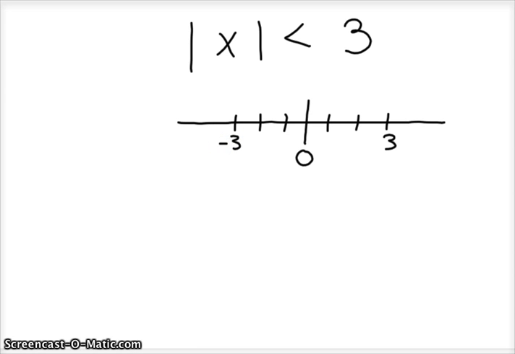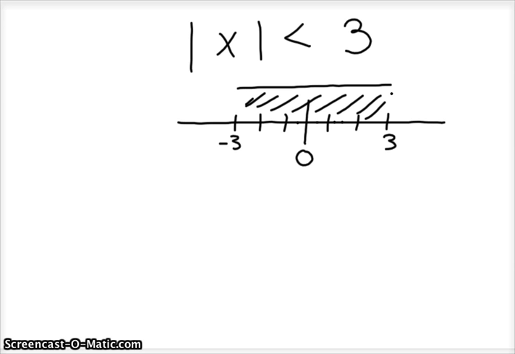But it would be all these points in between these two. So here's 0.5, here's negative 0.5, 1.5, all these numbers, 1.25, those all satisfy that inequality up there.